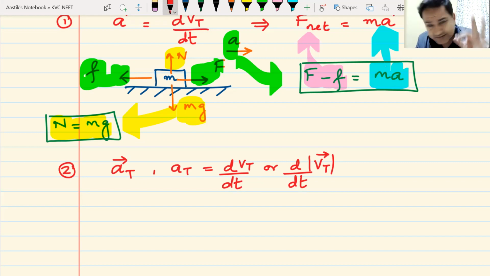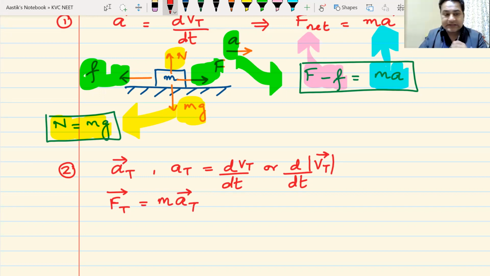Now, this tangential acceleration again will come from some force. Acceleration is tangential, so I'll call that force as tangential force, Ft. Now this net tangential force will give me mass multiplied by tangential acceleration.